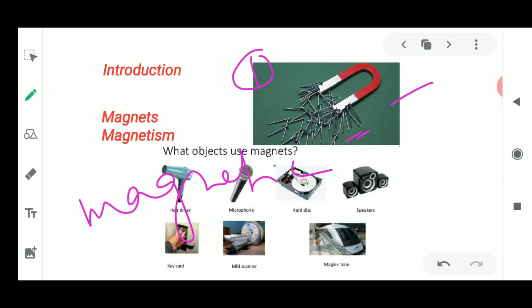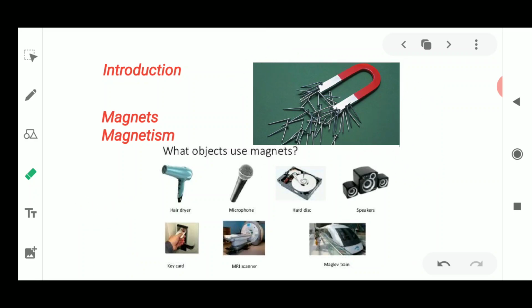There are certain materials which are not attracted by the magnet, and they are called non-magnetic materials. One very common example of a magnetic material is the iron nail. We have all played at least once in our lifetime with magnets and nails, isn't it?